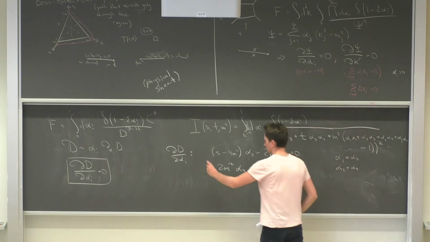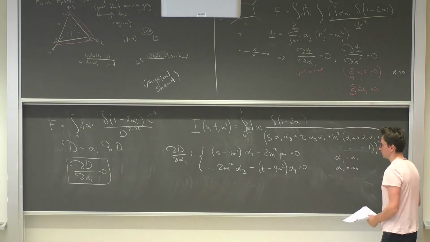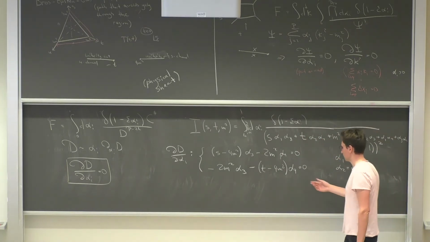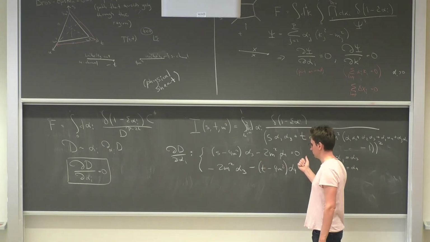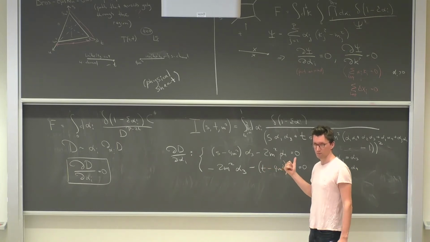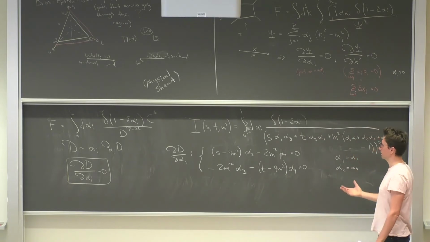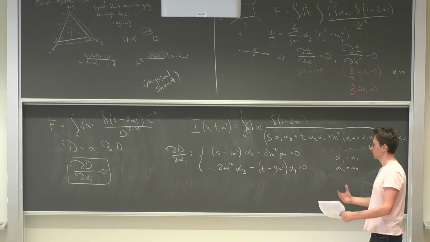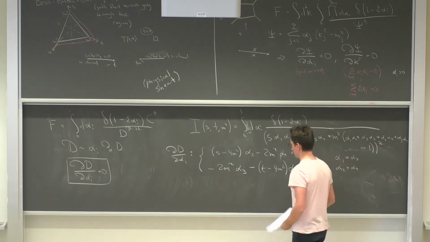And you see what you get from those conditions is a homogeneous system of equations for alpha 3 and alpha 4, and it can only have a nontrivial solution if its determinant is 0. So this is the general situation for any Feynman graph. If you write like this, you get a homogeneous system of equations, and for it to have a nontrivial solution, you want the determinant of this matrix to vanish.